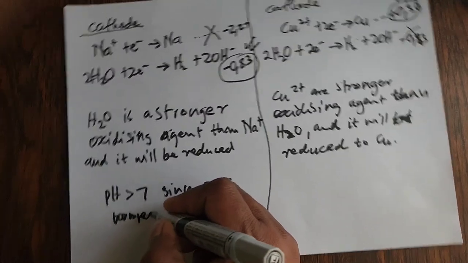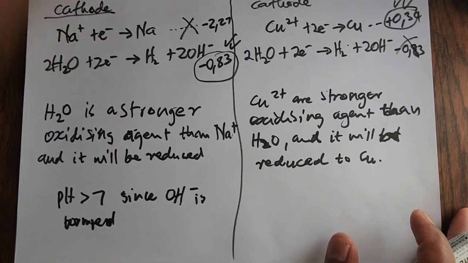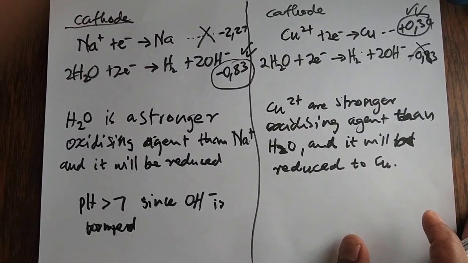Or if they ask you about the color of the litmus, we know the litmus will turn blue in that solution because a base is formed.